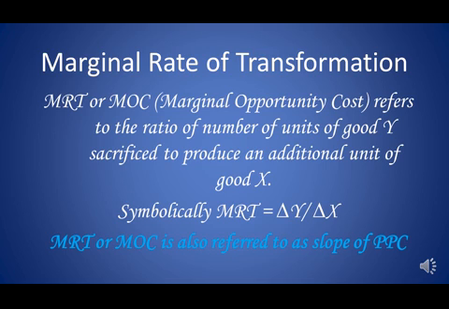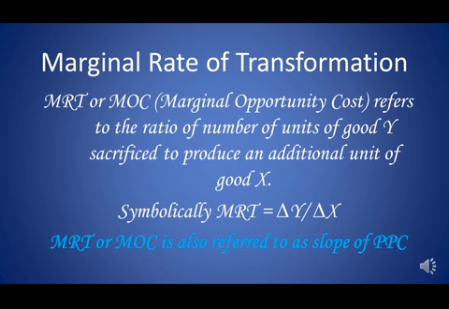In previous slide, we saw that shape of PPC is decided by marginal rate of transformation or marginal opportunity cost. In this slide, we will see what MRT or MOC means.